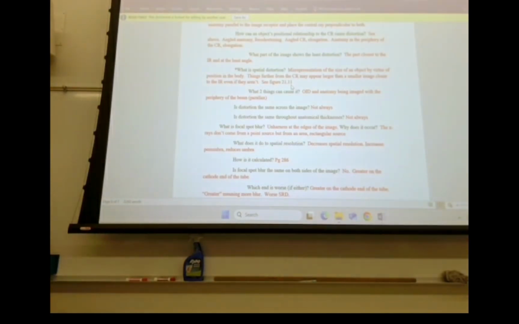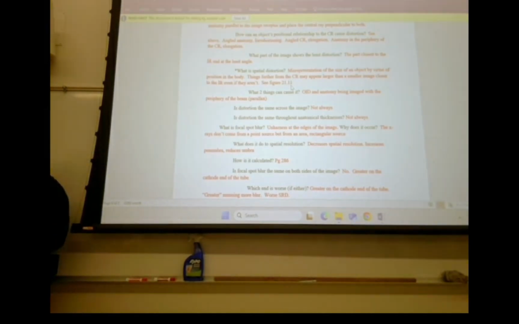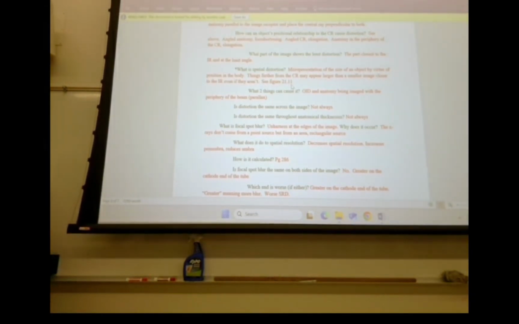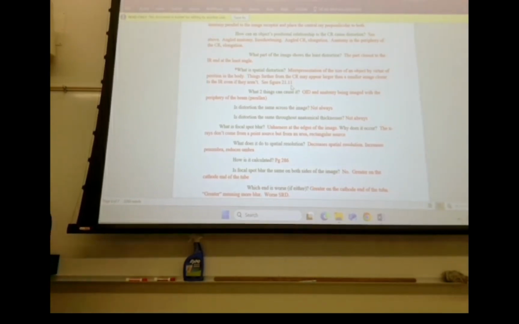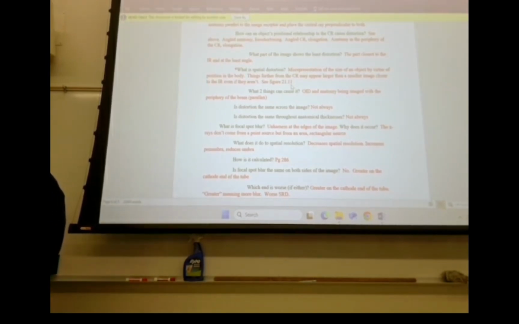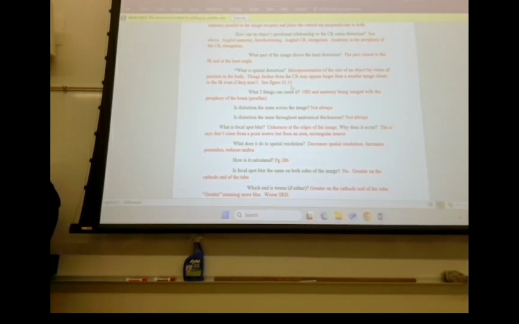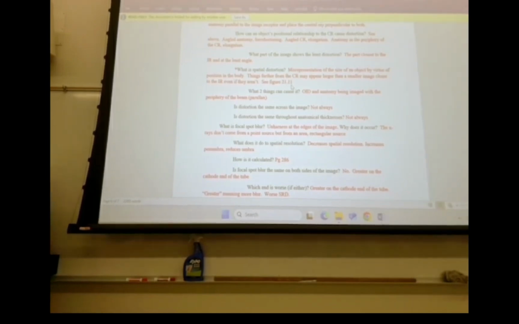In spatial distortion. Yeah. Would you like us to be able to work the focal spot blur formula for this stuff? Focal spot blur formula, that's a good question. I don't know that there's a question on the test about working focal spot blur.